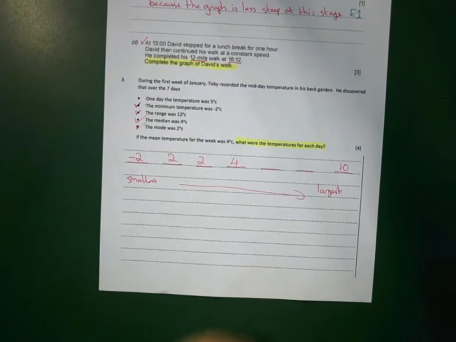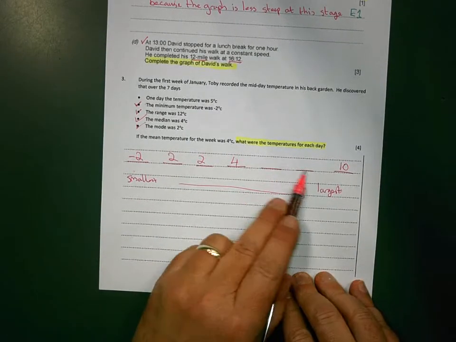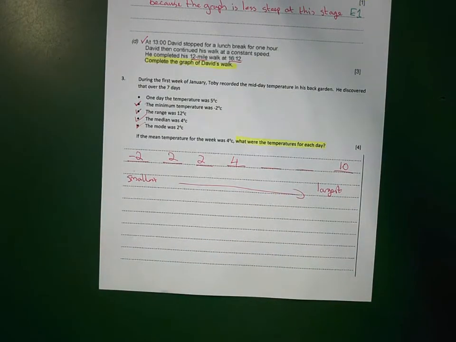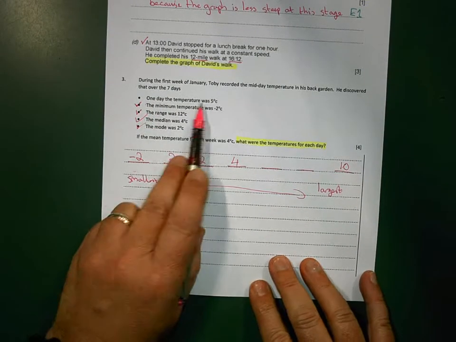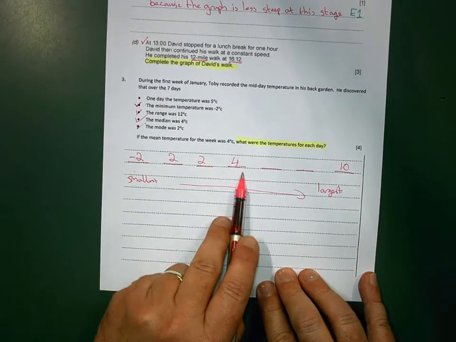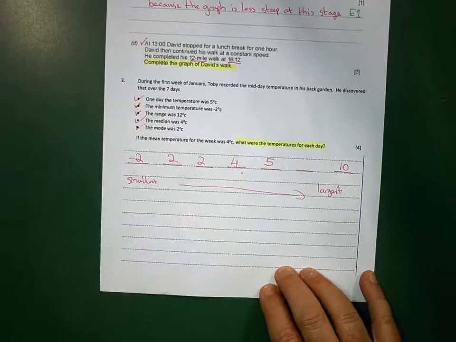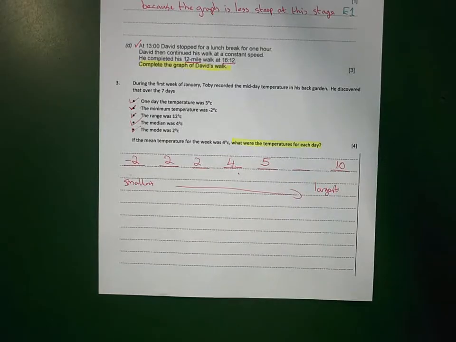I can tick that one off. So that leaves me 2 spaces where I haven't got a temperature. I know that one of them is going to be 5, and that's clearly going to come after 4. So I can tick that one off. Now I'm down to 1 temperature that I don't know.